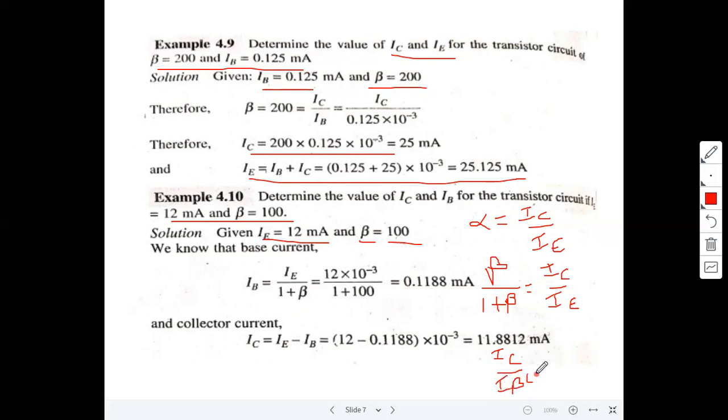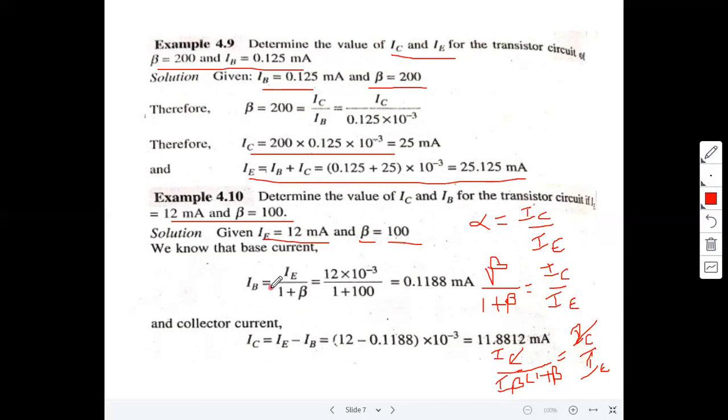Here 1 plus beta as it is. That is equal to IC by IE. IC gets cancelled. IB is equal to, take this one, right.